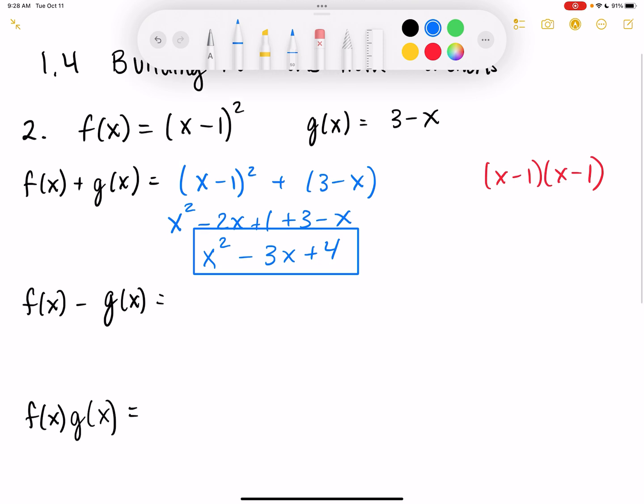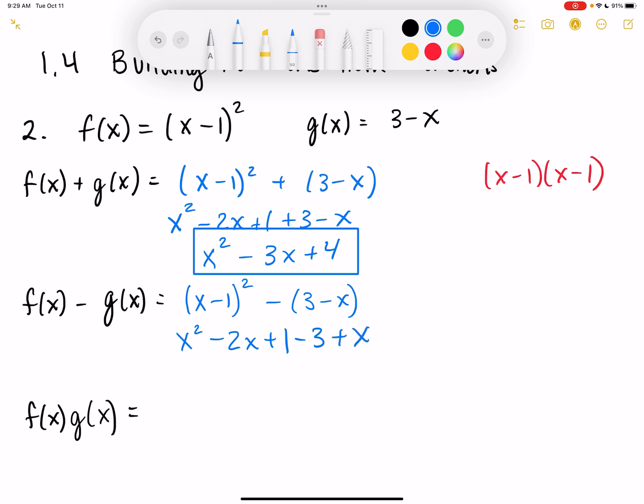All right, f of x minus g of x. So we're going to do the same thing except we're subtracting this time. So (x minus 1) squared minus (3 minus x). The nice thing is you already know what this becomes, so you can just copy it again. I'm not going to put you through the torture again. The minus has to go to both pieces, so it's going to be minus 3 plus x.